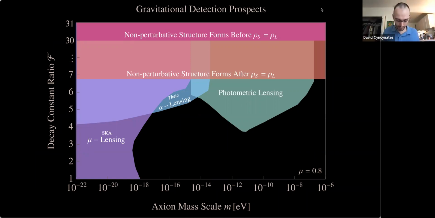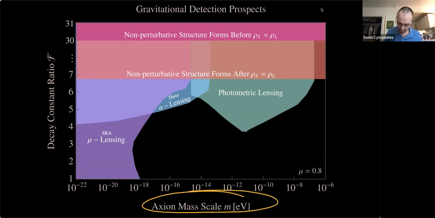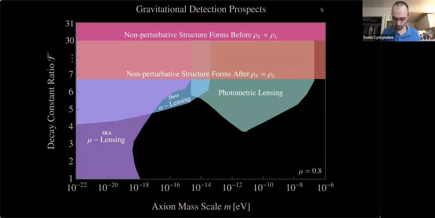I want you to take away two key things from this plot. First is that the mass scale over which these gravitational probes are sensitive is roughly complementary to the mass scale over which the direct detection probes are sensitive. So it's roughly cut off here in the radio frequency band.